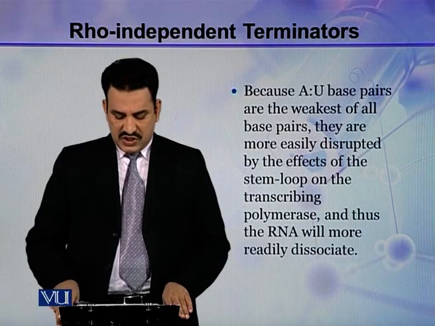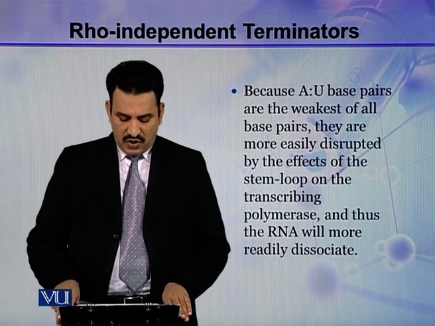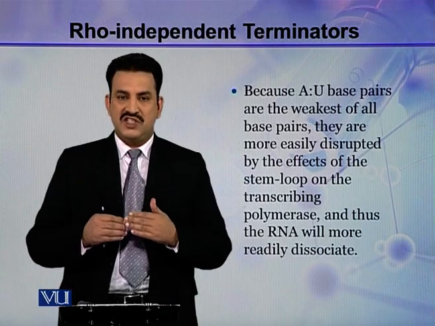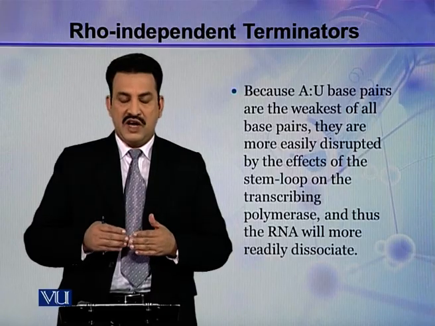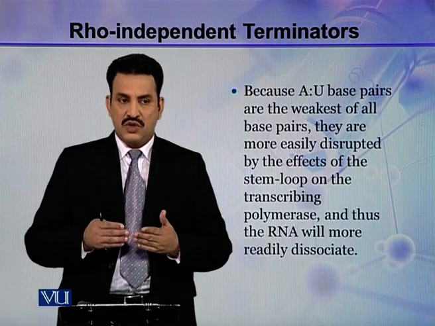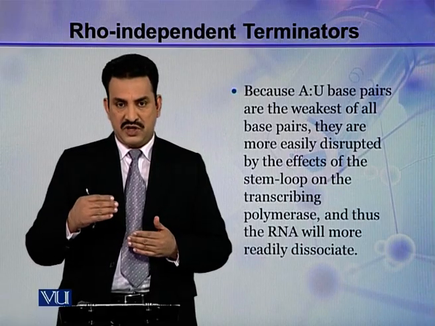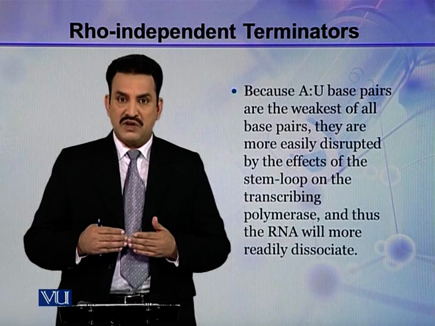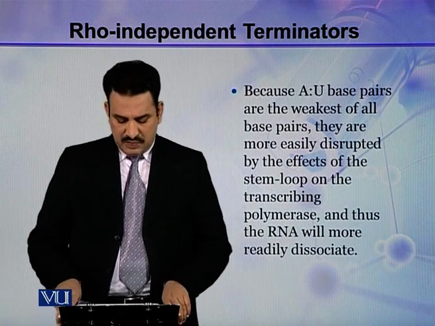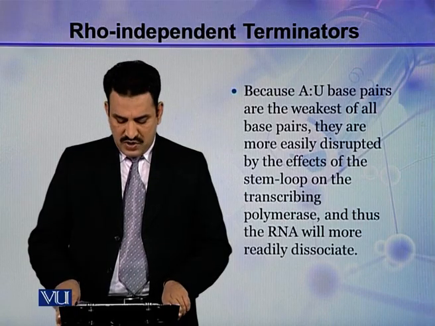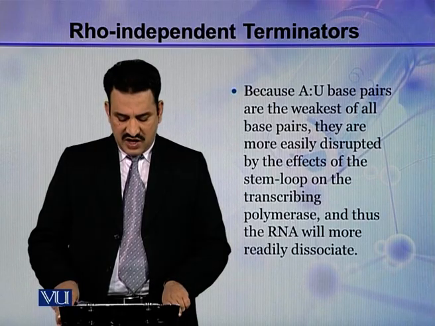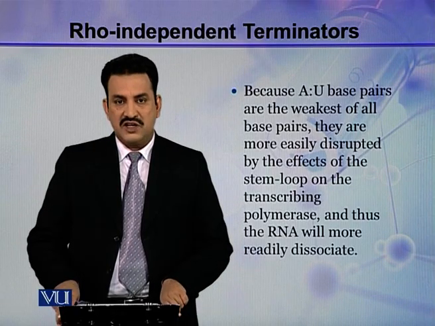Because AU base pairs are the weakest of all base pairs, because between GC there are 3 hydrogen bonds, and between AT there are 2 hydrogen bonds. So AT is weaker than GC base pairing, and AU is even weaker than AT base pairs. They are more easily disrupted by the effects of the stem loop on the transcribing polymerase, and thus the RNA will more readily dissociate.